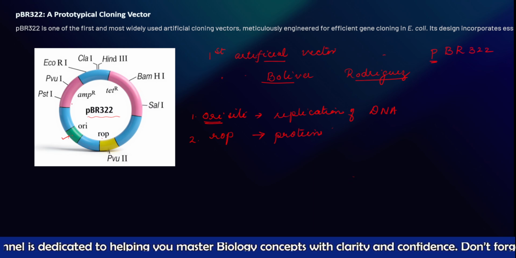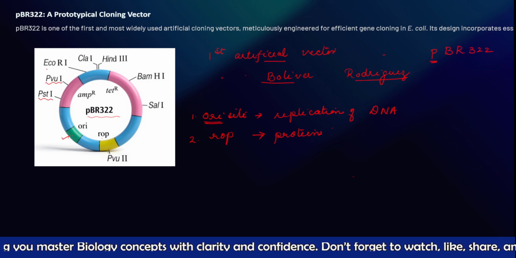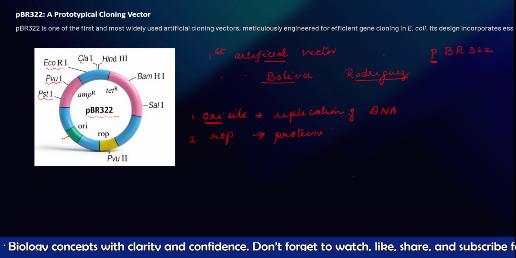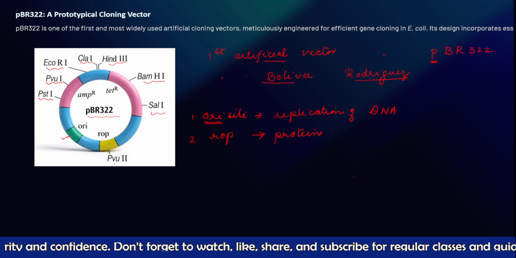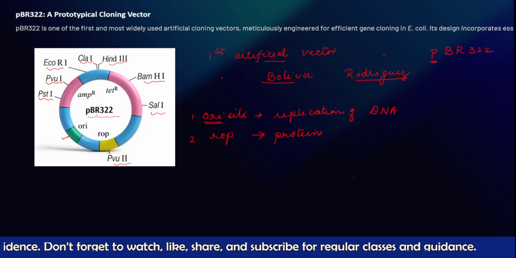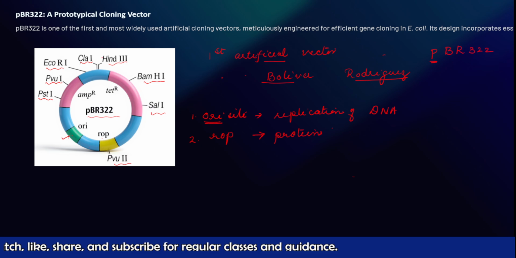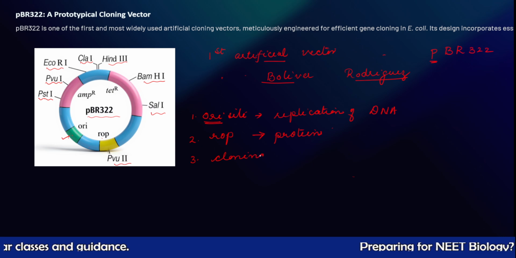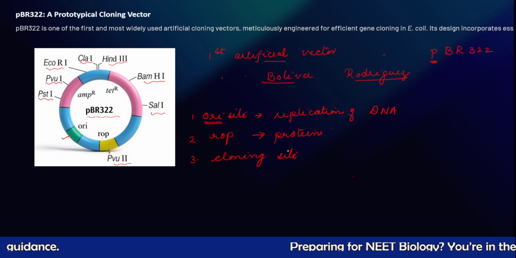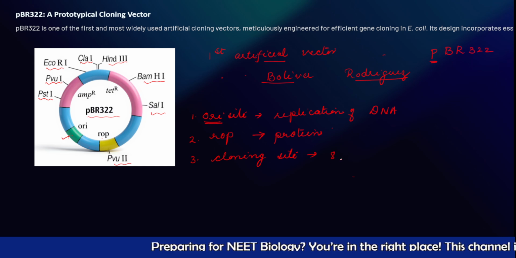Now coming to certain other sites, you can see PstI, PvuI, EcoRI, ClaI, HindIII, BamHI, SalI and PvuII. 1, 2, 3, 4, 5, 6, 7, 8. Those 8 sites are called restriction sites or cloning sites. Remember, in pBR322, 8 cloning sites are there.